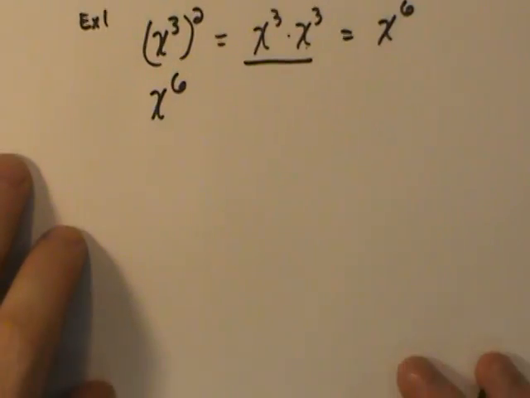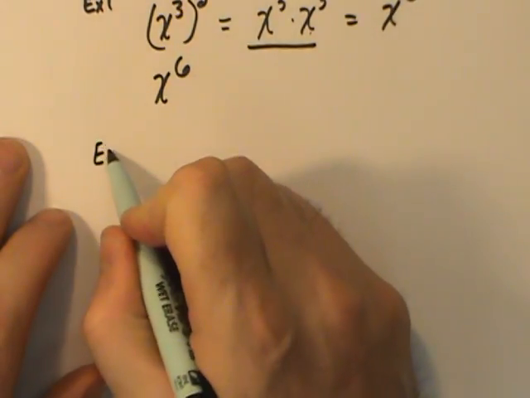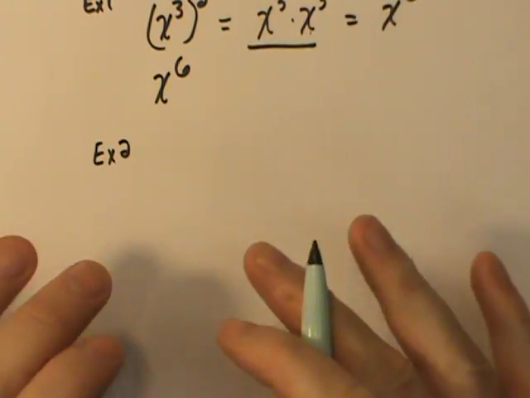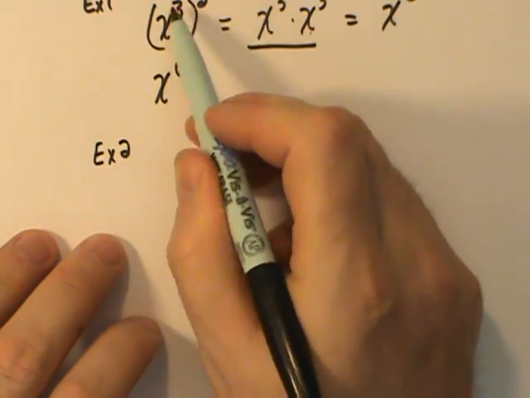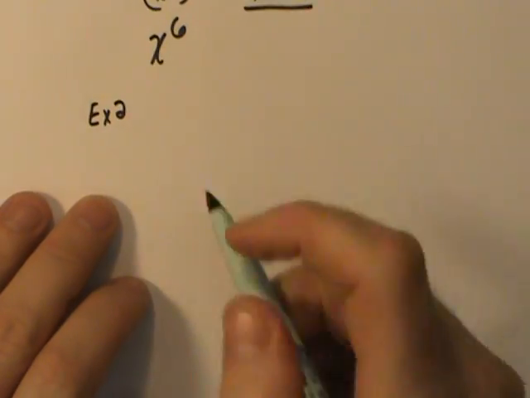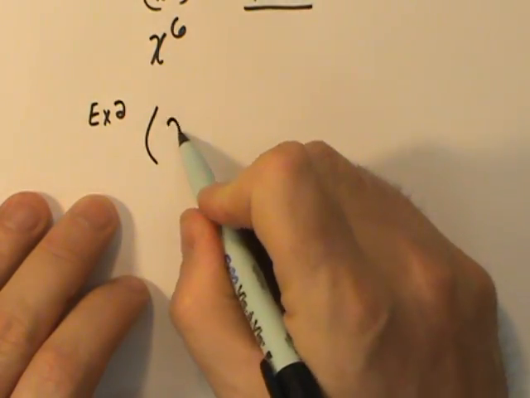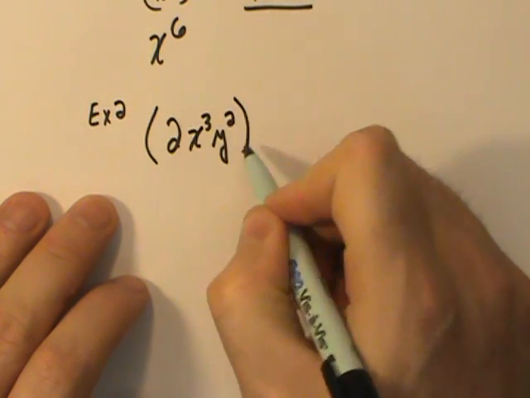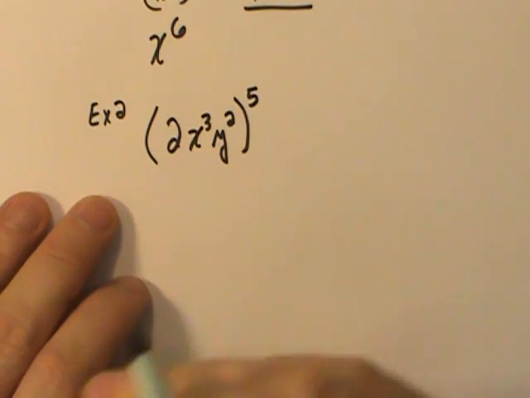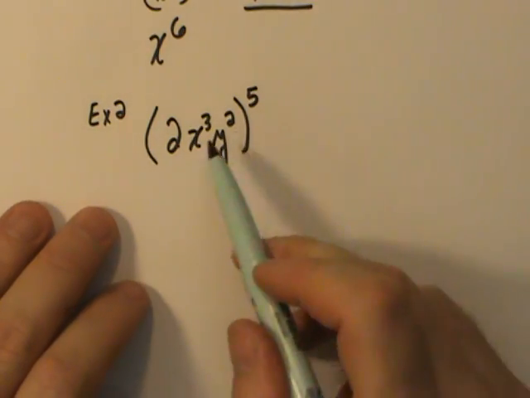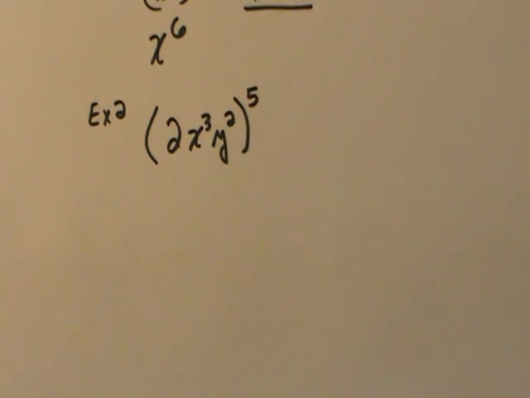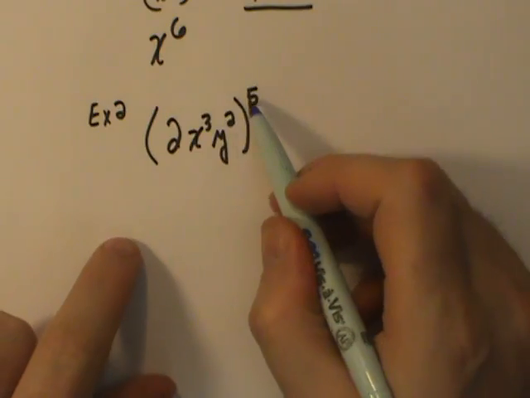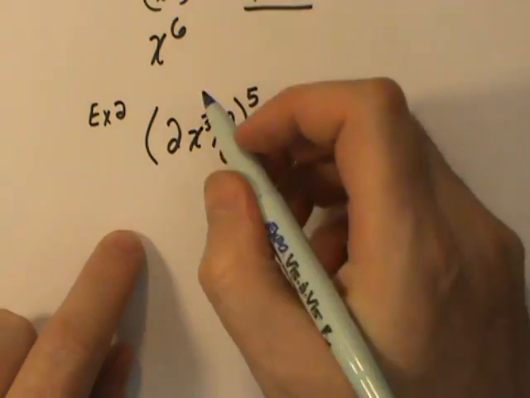What becomes tricky with this type of problem would be example 2, when you might have a more complex value inside your parenthesis. You might say something like this: 2x cubed y squared raised to the, let's say, 5th. When you have something like that, it's still going to be power to a power, but what you're going to really do is distribute that outside exponent to all the powers on the inside.